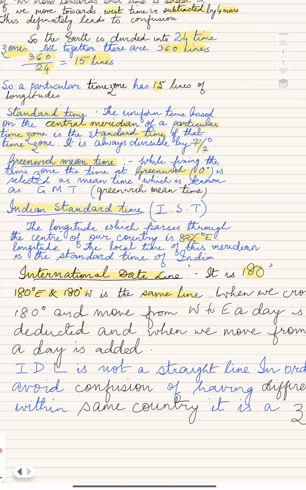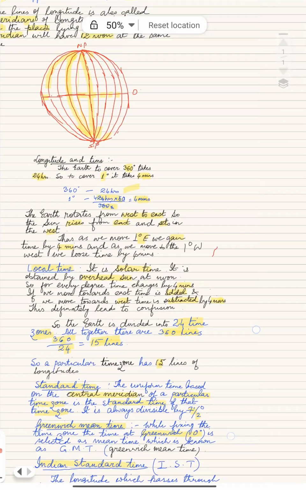You see, from 0 degree, the prime meridian, if I move towards east, we are drawing a line of longitude at an interval of 1 degree. So from 0 till the opposite side, we get 180 degree east.